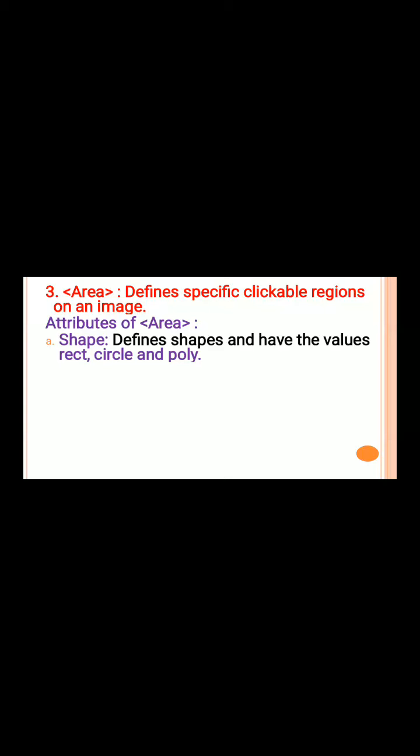If I use shape equal to rect, then I can draw a rectangle as well as a square. If I use shape equal to circle, then I can draw a circle. If I use shape equal to poly, then we can draw any free-handed shape. So the shape attribute has three values, which are rect, circle and poly.